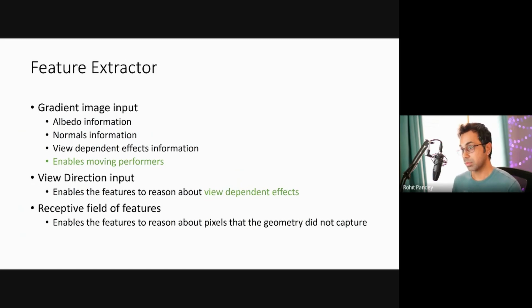Now, we also give the view direction as input to the feature extractor so that it can reason about the view-dependent information that is contained in the gradient images. And finally, the feature extractor is in the form of a UNet-like network with a certain receptive field. So even if we warp these features using a pre-computed warp that is based on the geometry, in theory, the features can capture slightly more than the particular pixel.